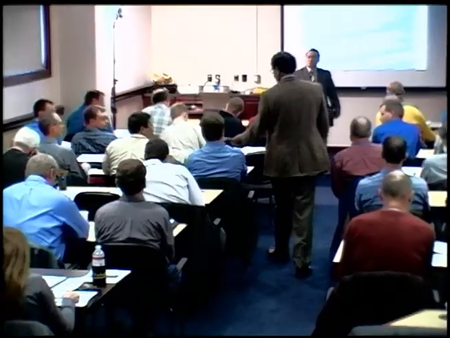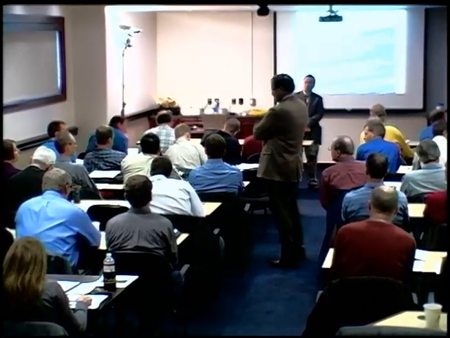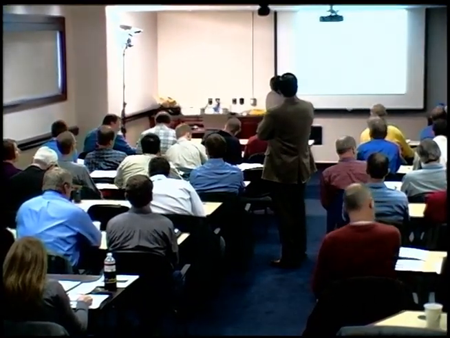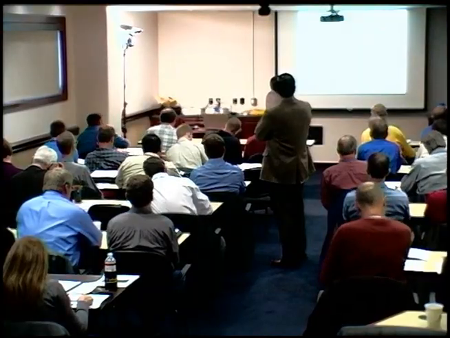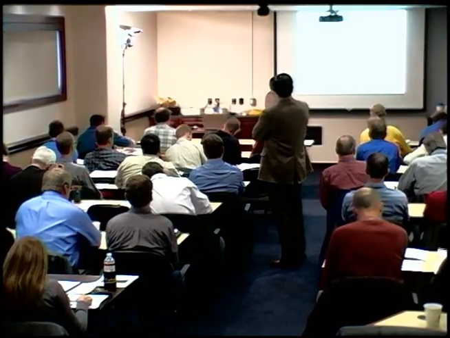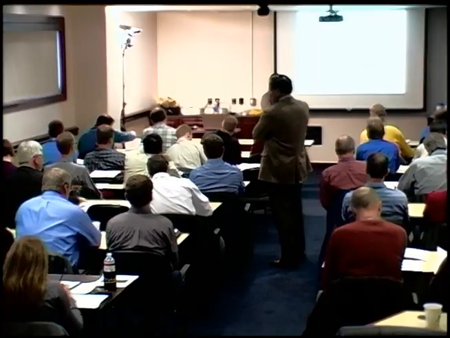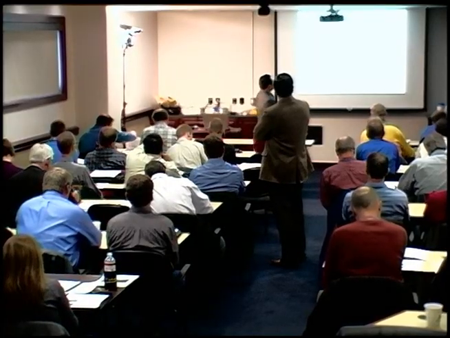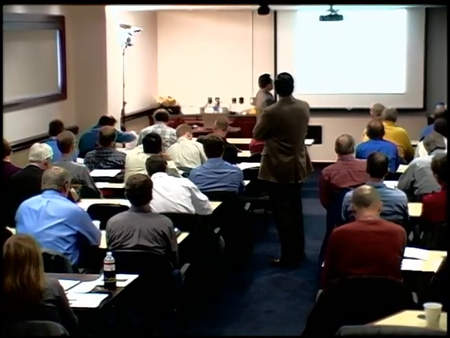Okay, there's another question. Let me just bring the microphone. If you go to the slide that talked about step 7, estimating the contract pile length, the last sentence says to round pile length to the nearest 5 foot increment. Right.